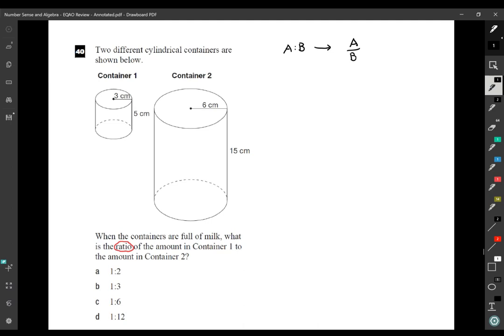So let's calculate the volume of container 1. Let's call this volume 1. Well, it's a cylinder, so it's pi r squared h. So let's put in our values.